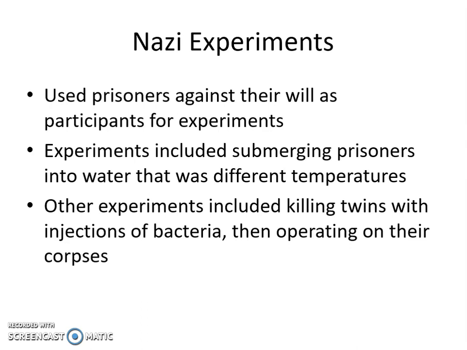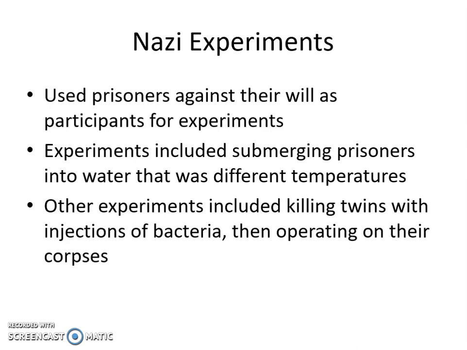Another example of the experiments carried out by the Nazis was the twins experiment, which involved the Nazis taking twins and injecting them with bacteria. This would result in the twins dying, and then the Nazis would force doctors to operate on their corpses.